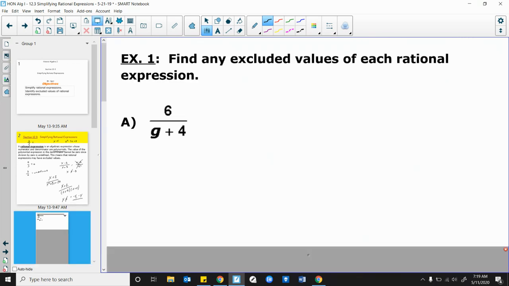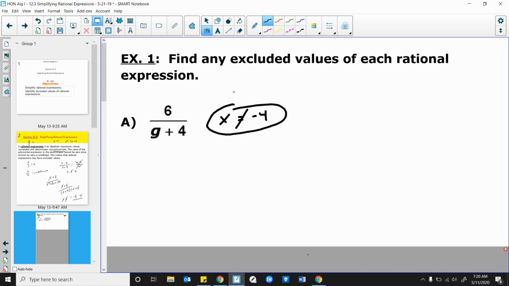Let's look at a couple examples of that. Find any excluded values of each rational expression. I hope that you can just look at that and say, well, g can't be negative 4, and then circle that and be done.